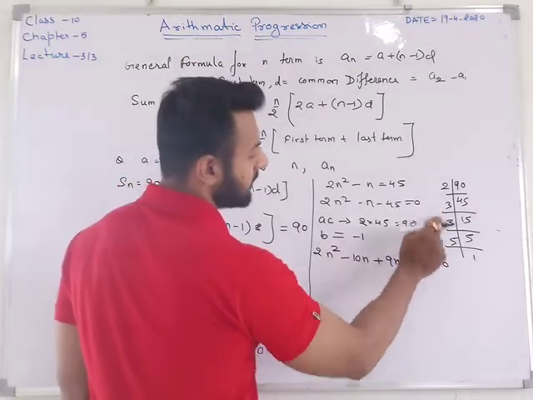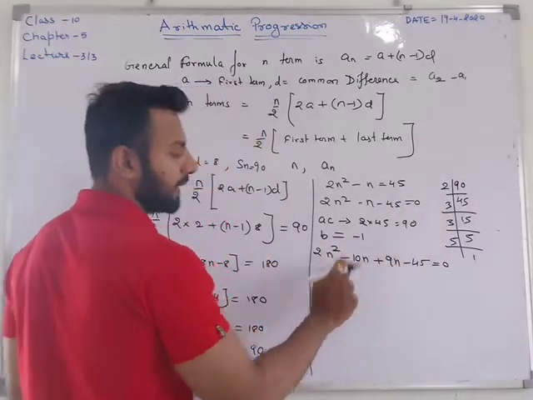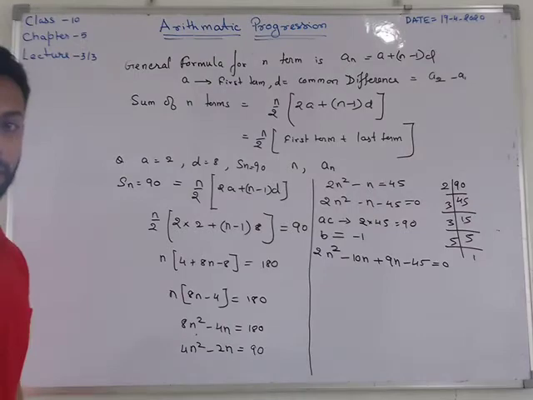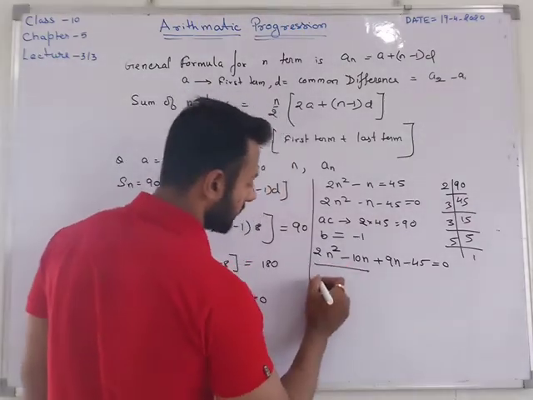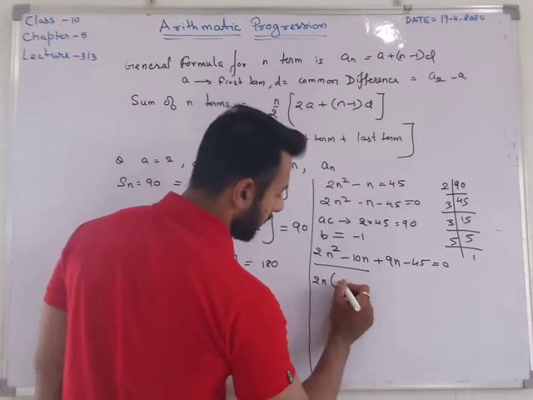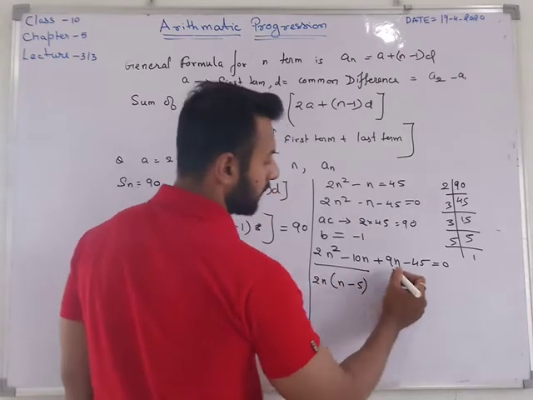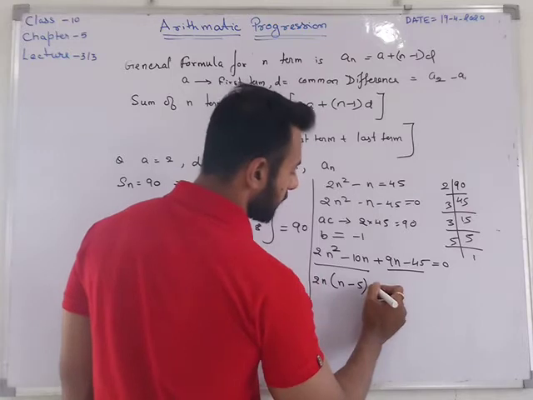So we arrange these numbers in such a manner that we can get minus 1 at the place of b. Now taking 2n common from this, n minus 5. We can take 9 common from here.